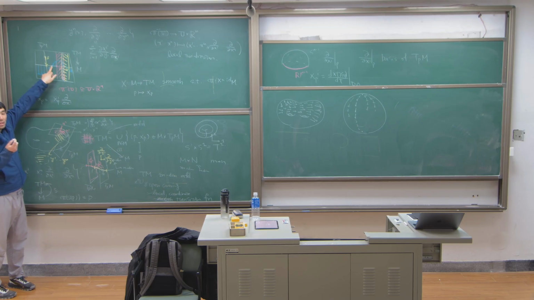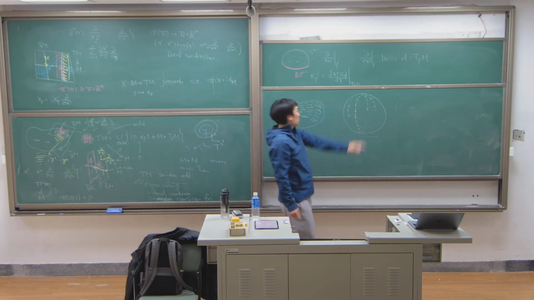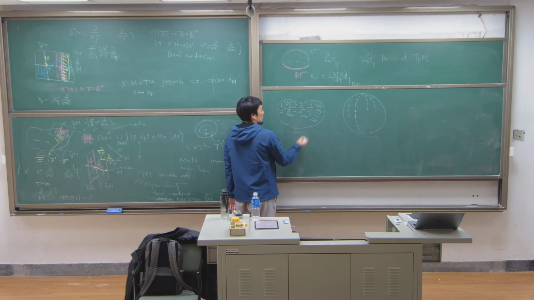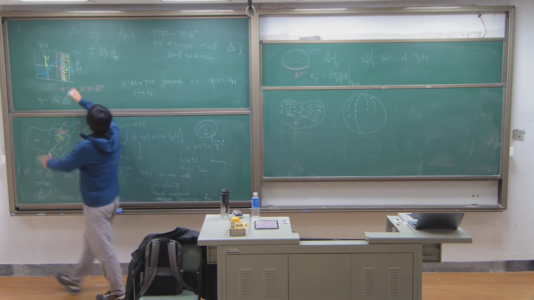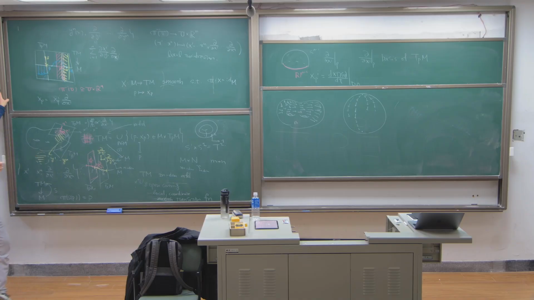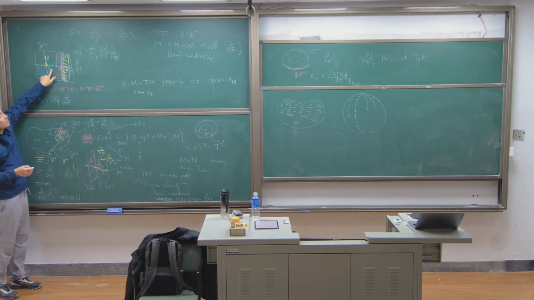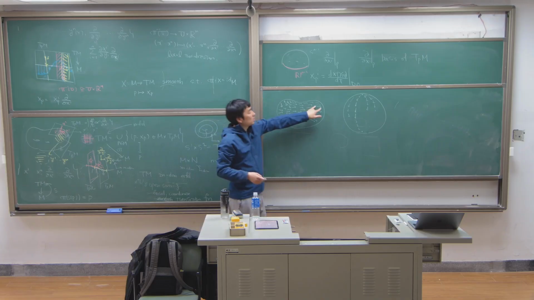In that case, this point corresponds to a 0 of the vector field. At some point around here, it can be very small. So those are the 0s of the vector field. So this point is also a 0 of the vector field, because there is no length there. On the other hand, here you have a length, corresponding to these tangents.